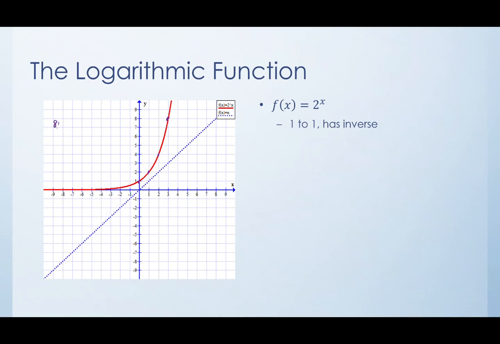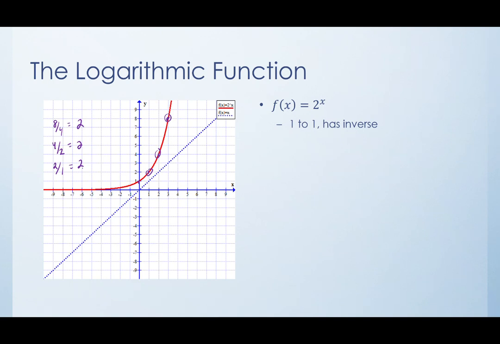We can say 8 over 4 has a ratio of 2, 4 over 2 has a ratio of 2, and 2 over 1 has a ratio of 2. So remember, that's how we get that base, that b value, by taking the ratio of consecutive y values for an exponential function.